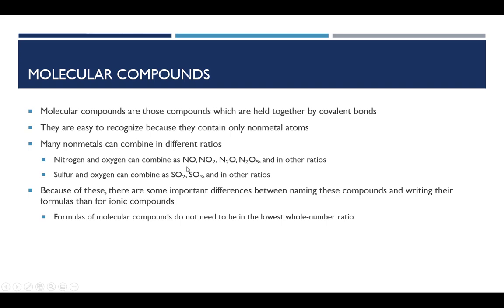In these particular examples, they all are written in their lowest whole number ratio, but it wouldn't be unreasonable to have, for example, S2O2 if such a compound existed. We use prefixes in the names to tell us exactly how many of these elements are in each formula.